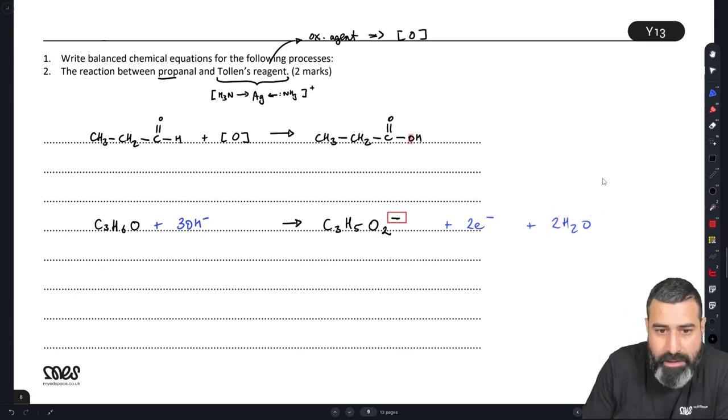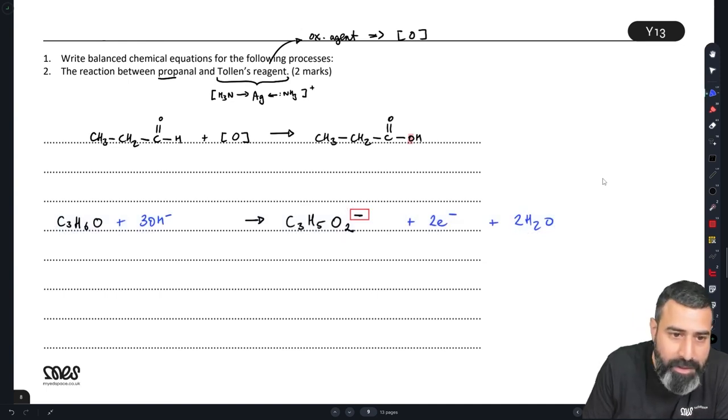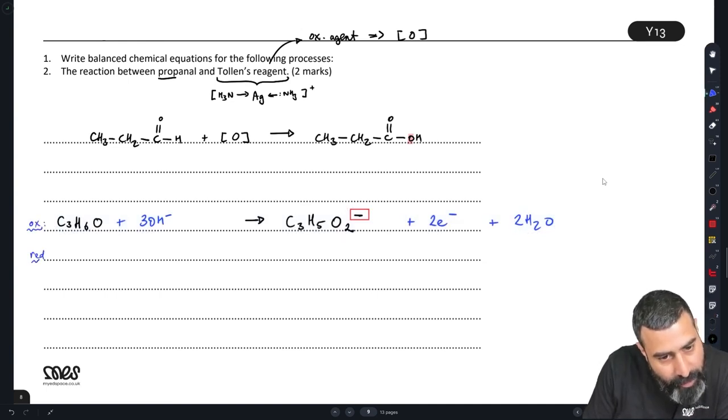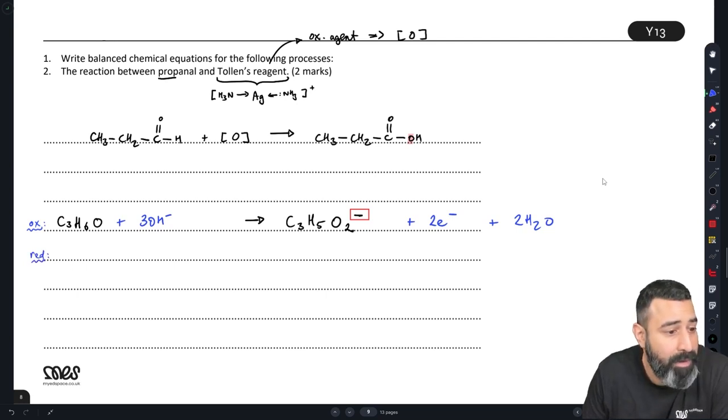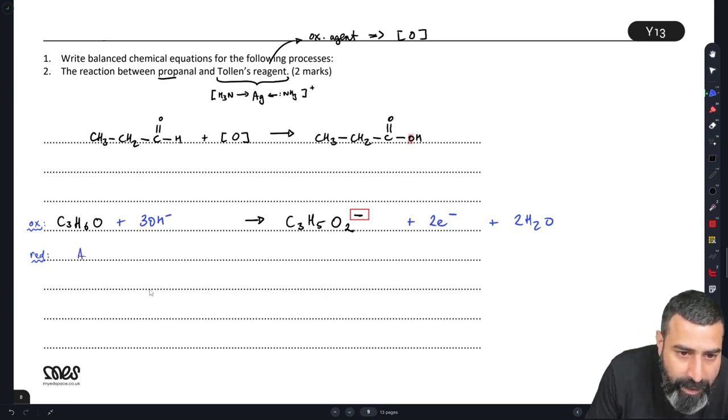So there is my oxidation reaction, and I also need a reduction reaction, and that is where we look at my ammoniacal silver nitrate. What does that species look like? Let's write down Ag(NH3)2 with a plus charge.